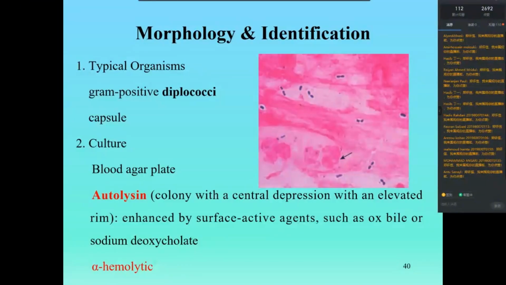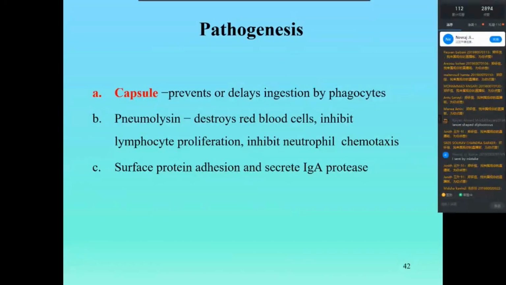And they can run the capsule swelling test: if the patient's serum mixed with the bacteria causes swelling of the capsules, they will know what type of infection it is.